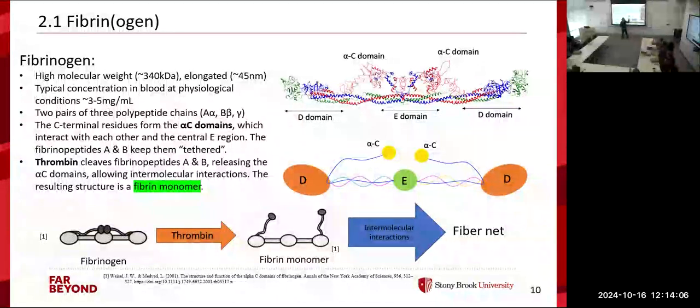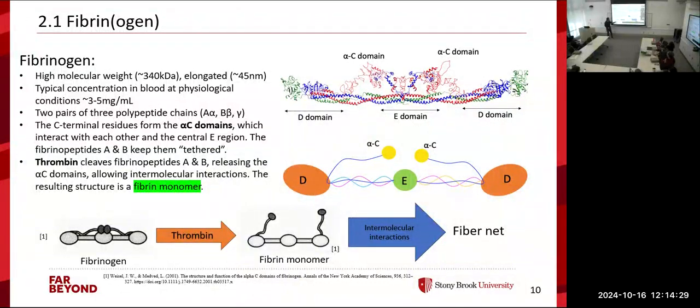The molecule is symmetric. It consists of three pairs of chains. So you have the E region in the center, the D regions on the side, and then the alpha C domains being tethered in the E region. So they interact with each other and with the E region.